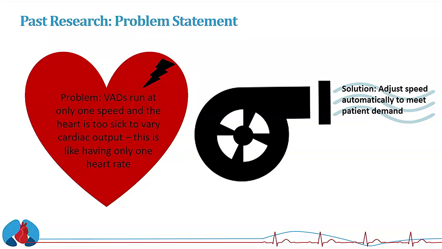So basically what happens with these patients is they can't resume a very good and autonomous life because the VAD does not adapt to their body's needs. So it keeps them alive most of the time, which is great, but there's still some issues with quality of life. So what I do is I look at adjusting the VAD speed automatically based on what the patient needs.